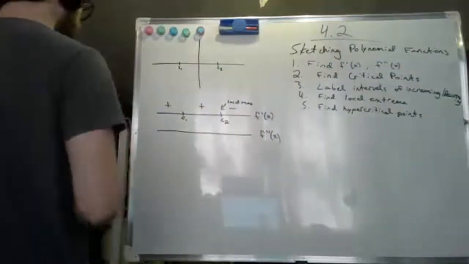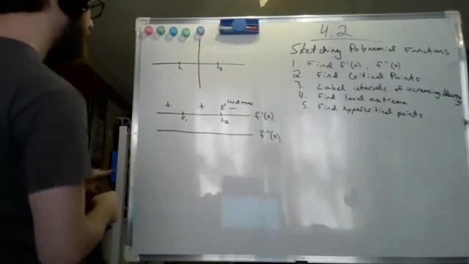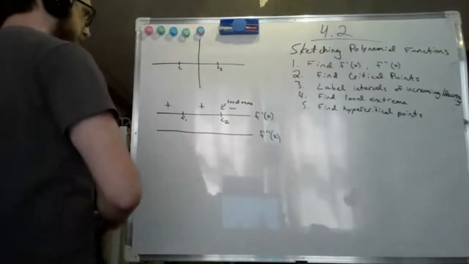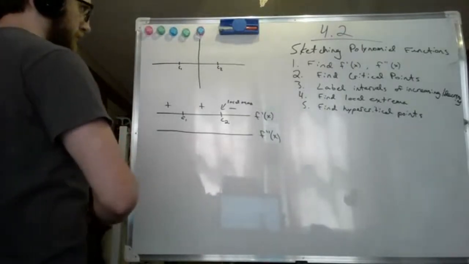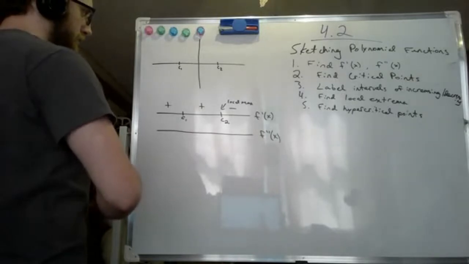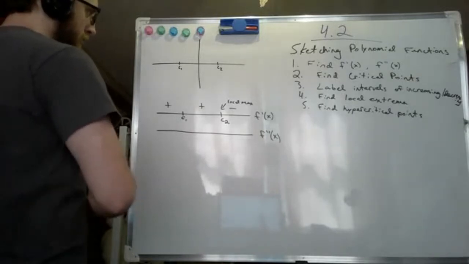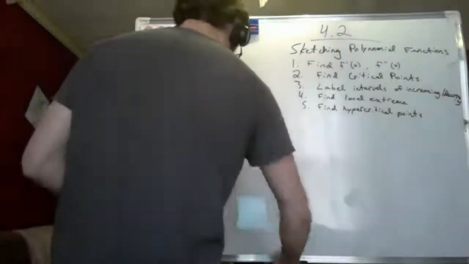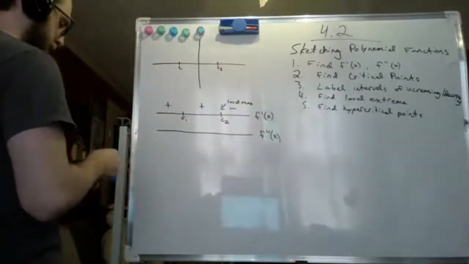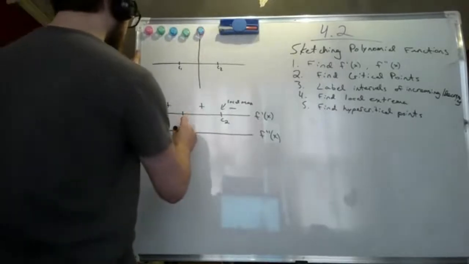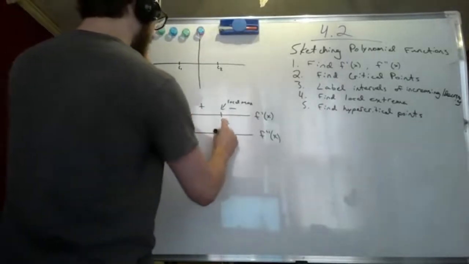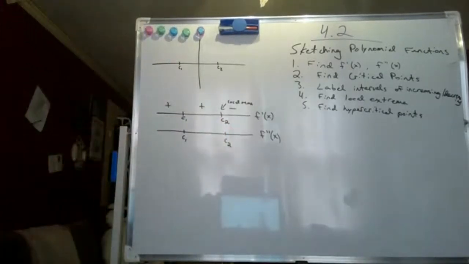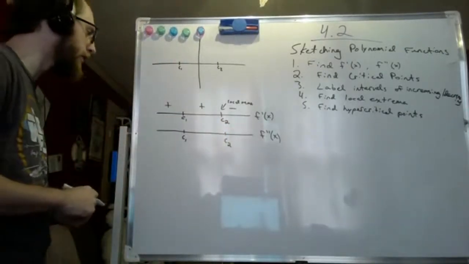And so for the sake of this example, let's say we have 2, and we'll say that they're at the same points. So C1 and C2, maybe they just happen to be hypercritical points also. Okay, well now what?